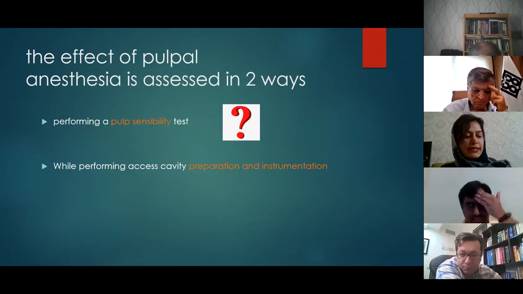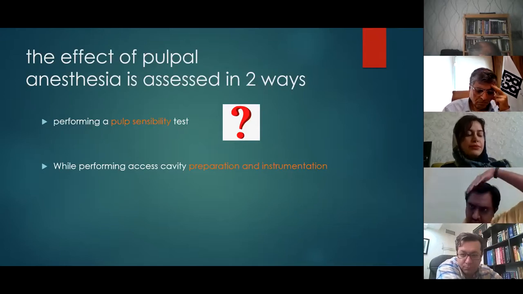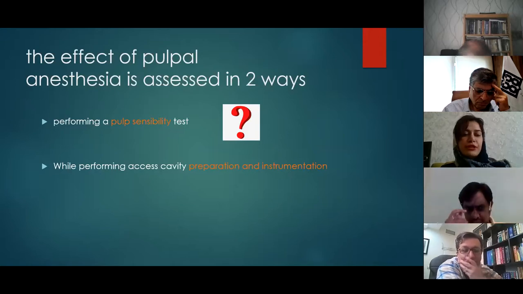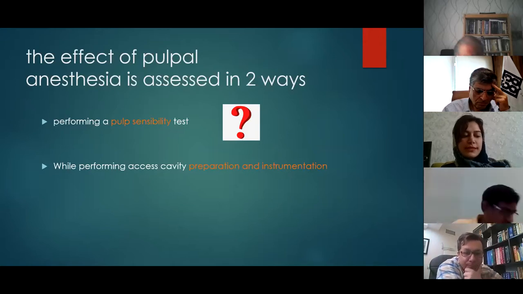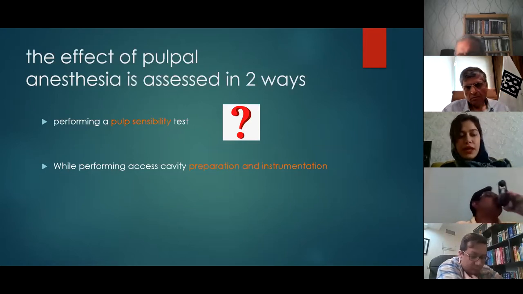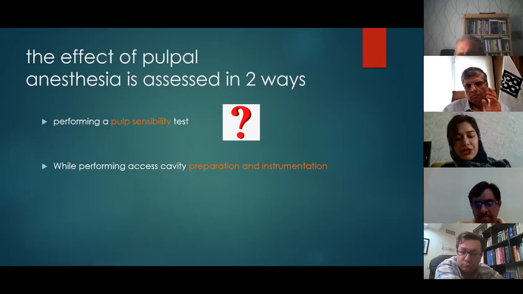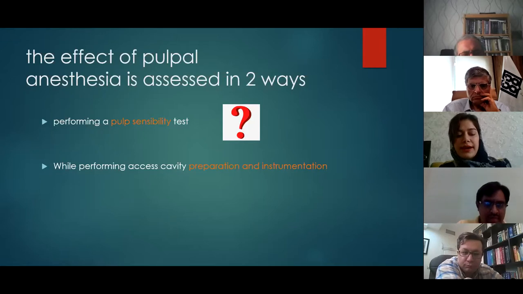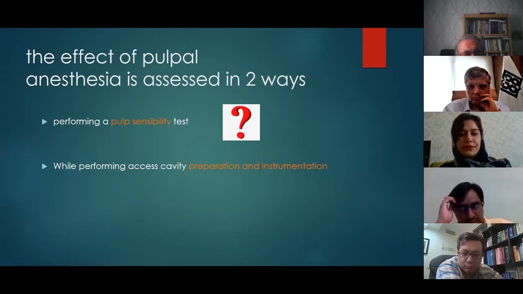Studies have shown that the first way might not be reliable because about half of the patients with a negative response to the pulp sensibility test experienced pain during access cavity preparation. And this is mentioned in this article, that studies evaluating pulpal anesthesia while performing access cavity preparation are included in the study.